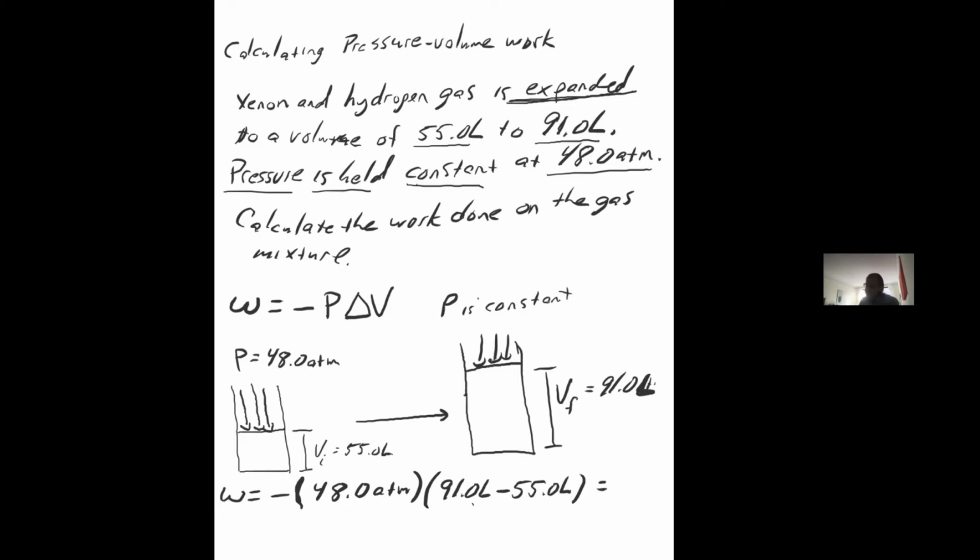So 48 times 91 minus 55. And it looks like we get about 1728.